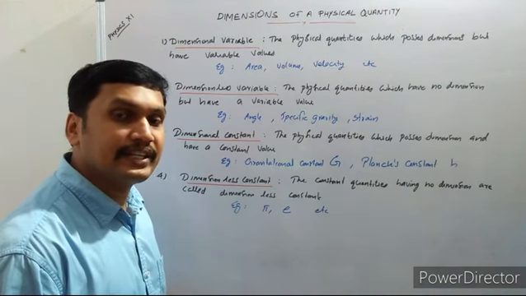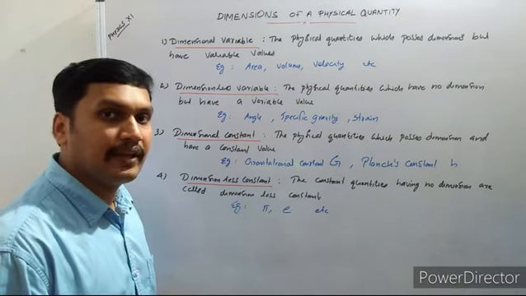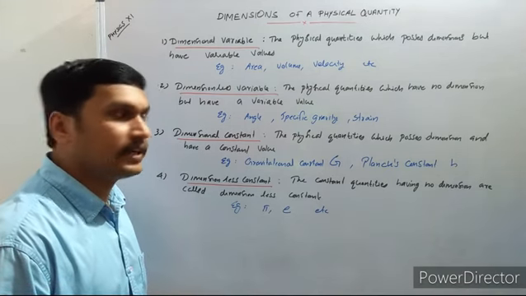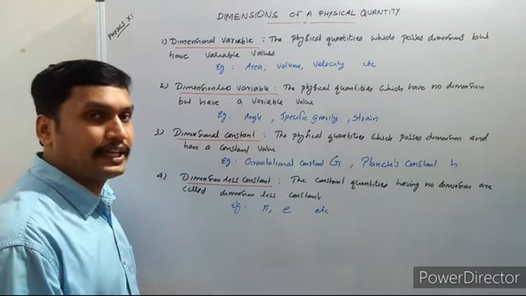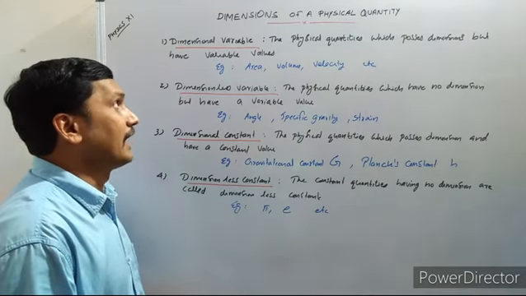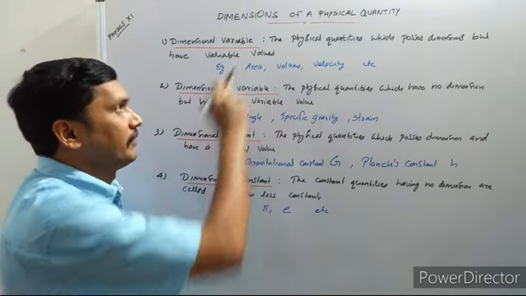The physical quantities may sometimes be a variable or a constant. A physical quantity which possesses dimensions but has a variable value is known as a dimensional variable.